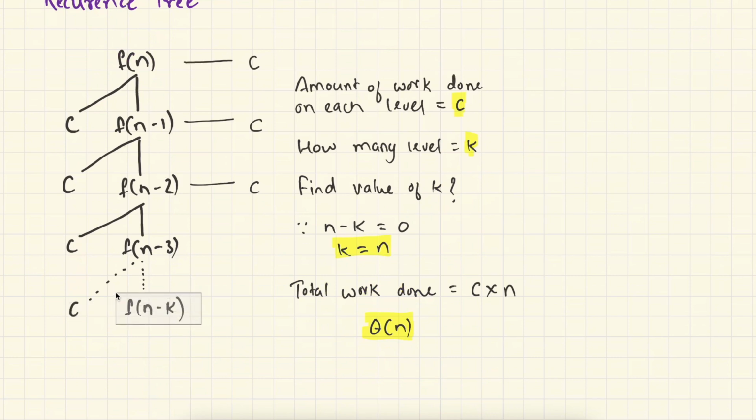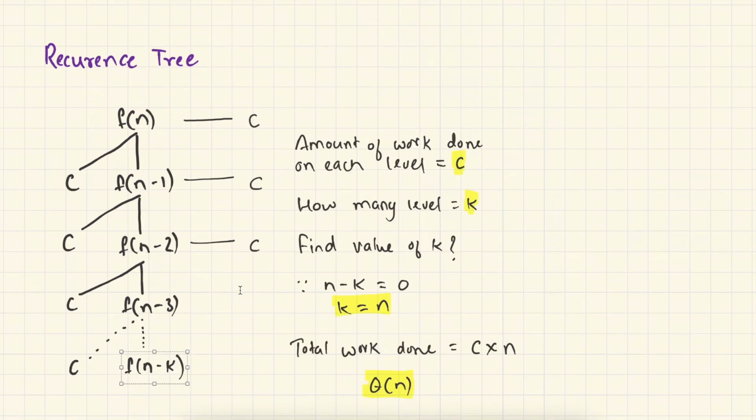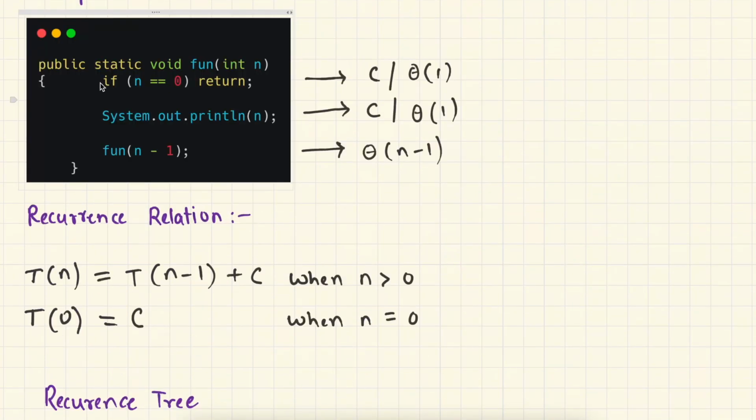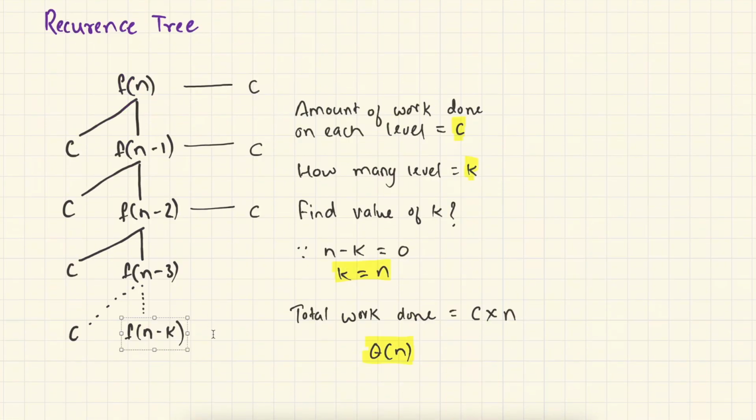So this is going to be our stopping point. At this stopping point, the value of n is going to be 0, and at this point we return control back to the parent, right? So we can write that n minus k is equal to 0. By solving this, we get k equal to n. So now we know how many levels we have. We have n levels in total.